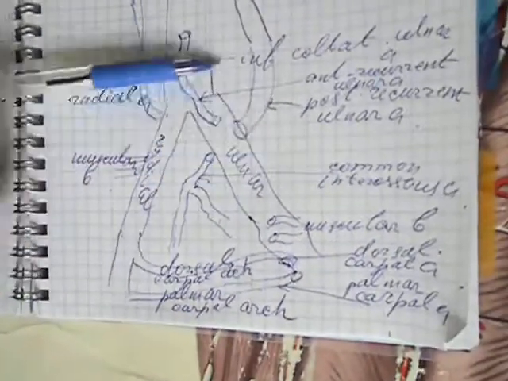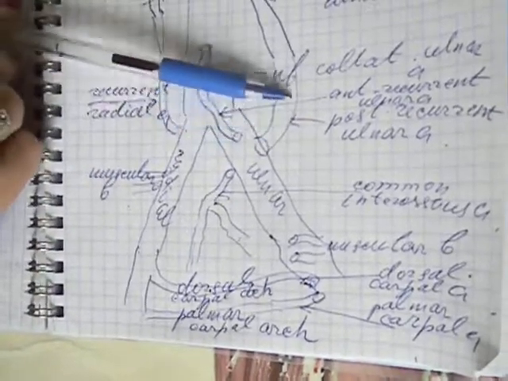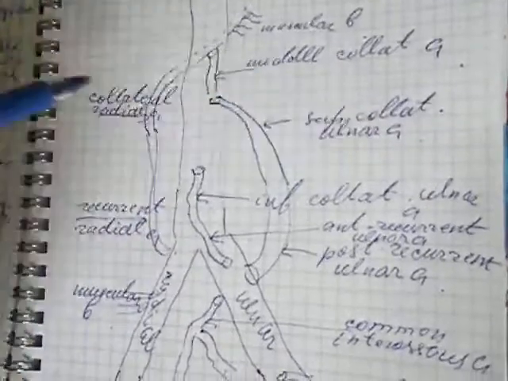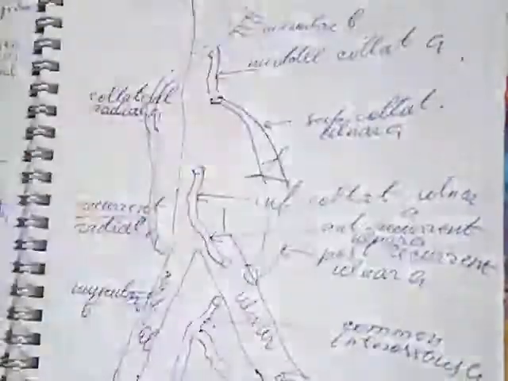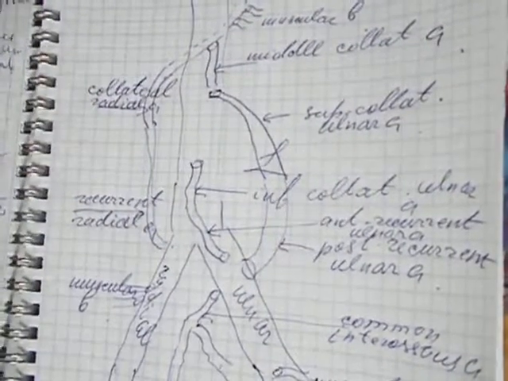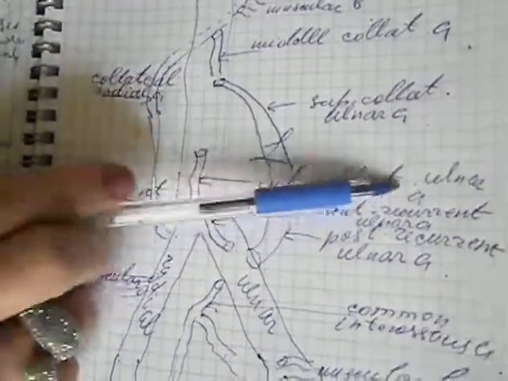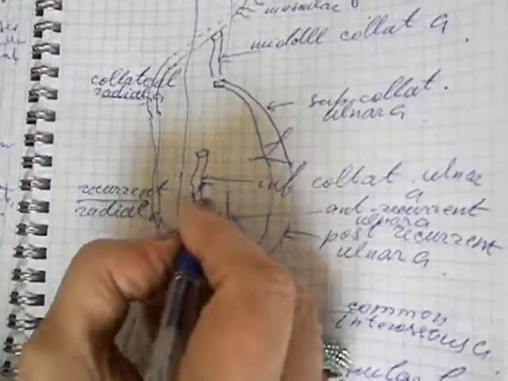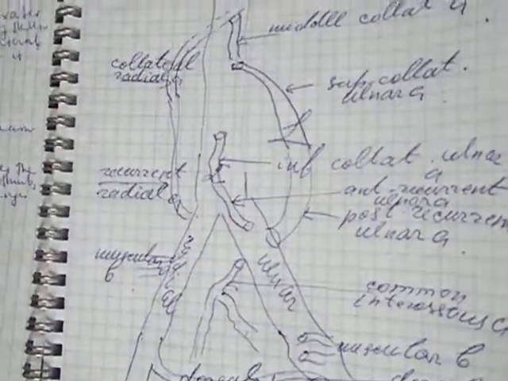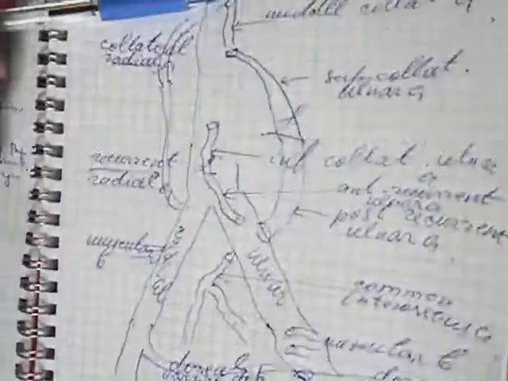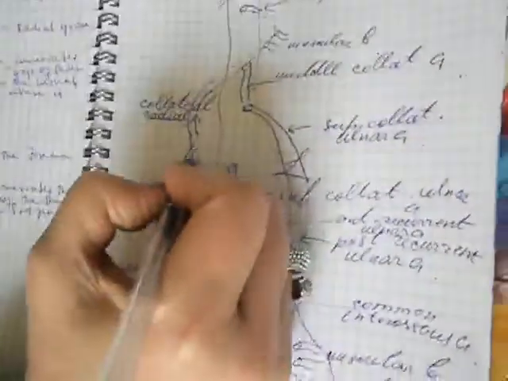Ulnar artery near the elbow joint gives posterior recurrent ulnar artery, which anastomoses with superior collateral ulnar artery: first anastomosis of the elbow joint. Anterior recurrent ulnar artery anastomoses with inferior collateral: second anastomosis. Recurrent radial artery, branch of the radial, anastomoses with collateral radial: third anastomosis.